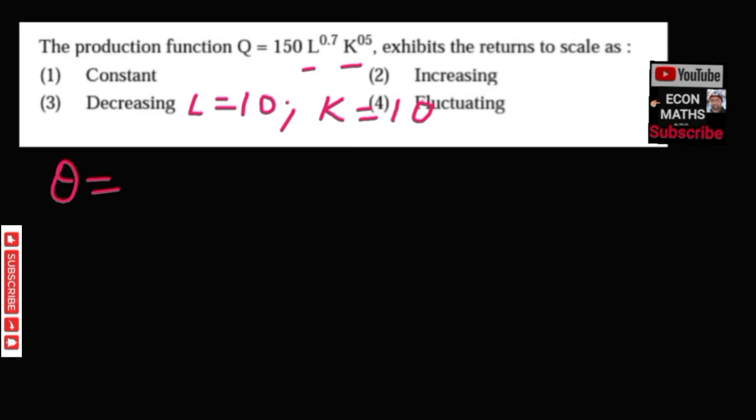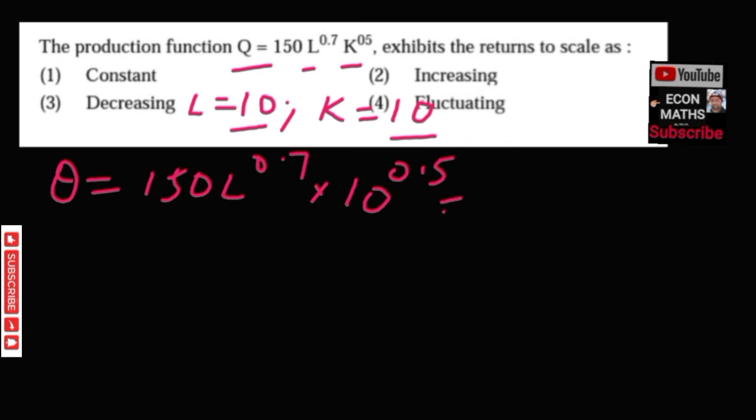So we will solve for this and see what is our result. If labor is 10, capital is 10, then our production function would look like this: 150 L to the power 0.7 times K to the power 0.5.